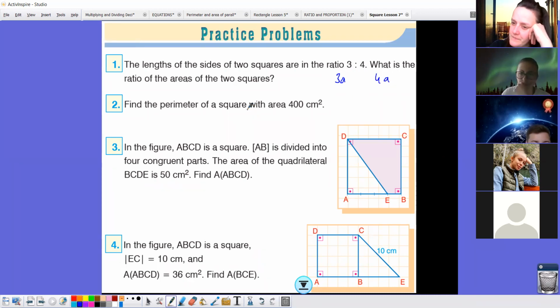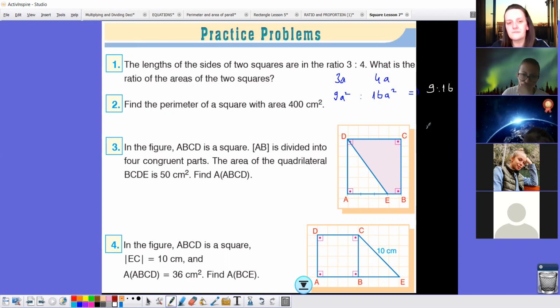So the area of the first square will be 9a square. The area of the other square will be 16a square. So the ratio of the areas will be 9 to 16. Am I right? Yes.